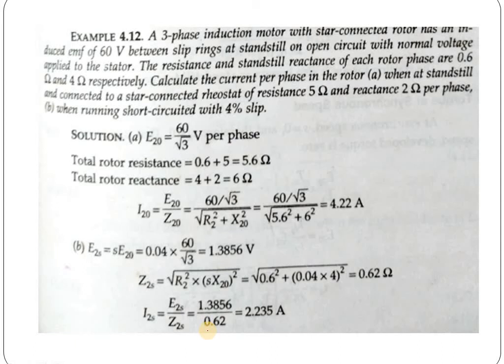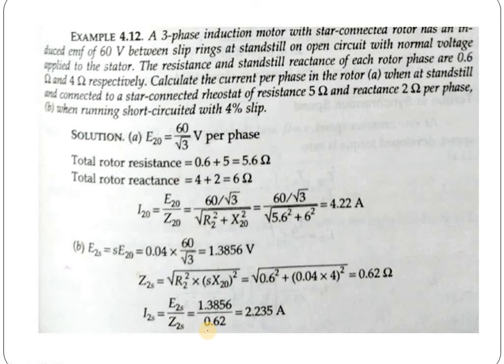Calculate the current per phase in the rotor: A, when at standstill and connected to a star connected rheostat of resistance 5 ohm and reactance 2 ohm per phase; B, when running short circuited with 4% slip. So the first condition is when the motor is at standstill, and the second is running with 4% slip.